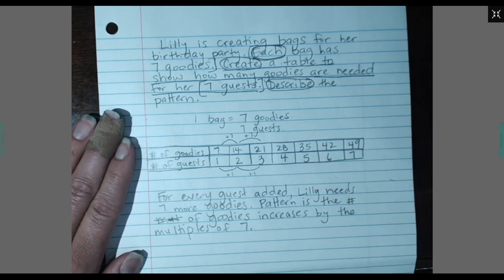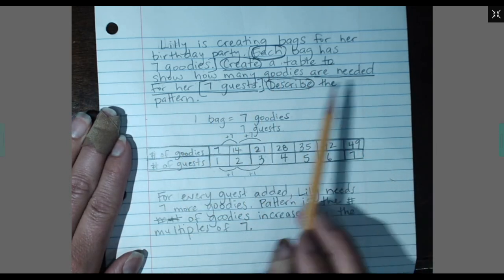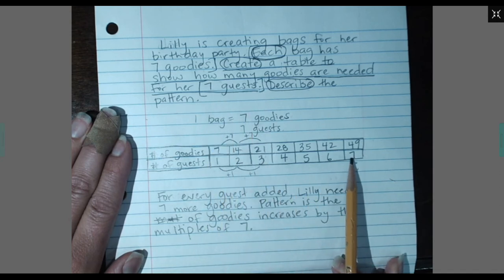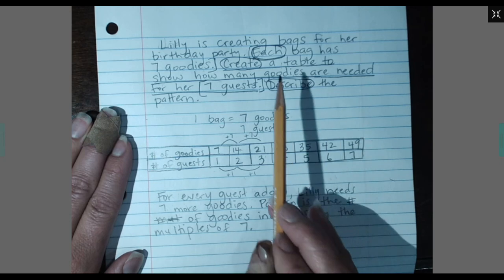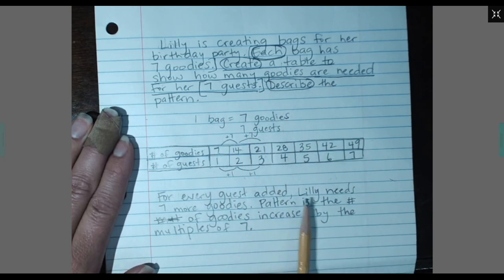And it goes on. All right, let's see if we've answered all the questions. Create a table to show how many goodies are needed for her 7 guests. I have up to 7 guests, and she needs 49. I did it. Did I describe the pattern? For every guest added, Lily needs 7 more goodies. Pattern is the number of goodies increases by the multiples of 7.